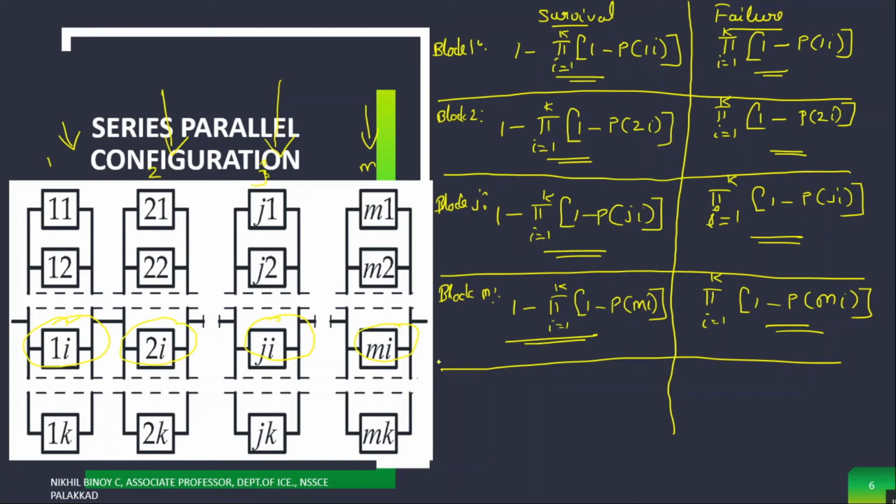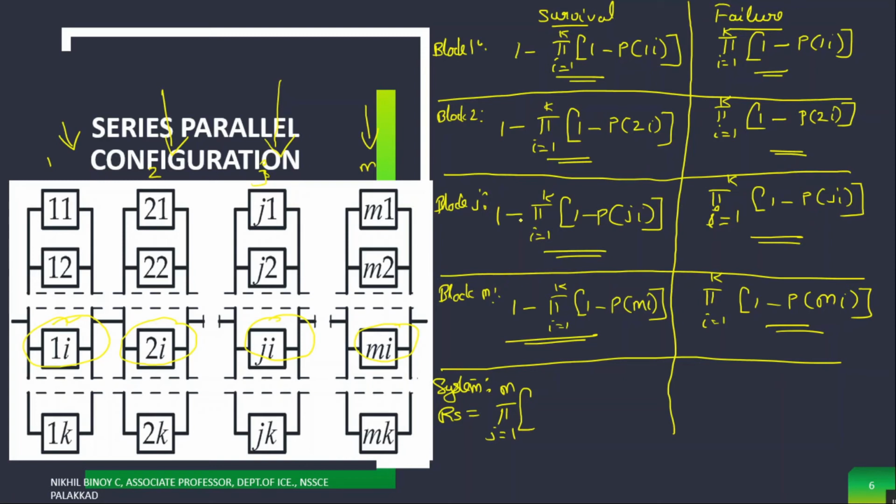So if you are considering the system, then the system reliability RS is equal to the product of survival of each block. J is used to represent the block that is varying from 1 to m.